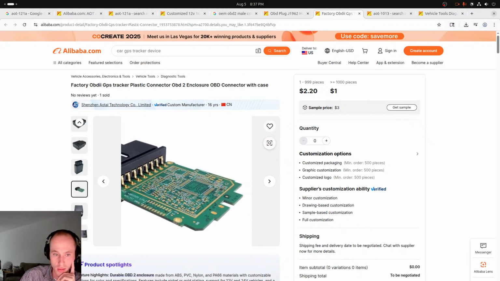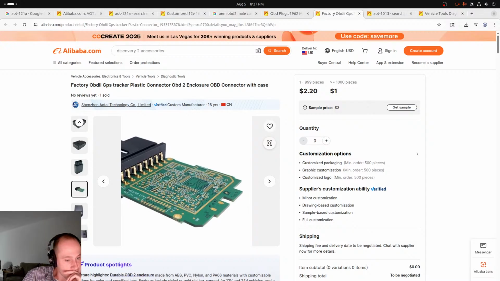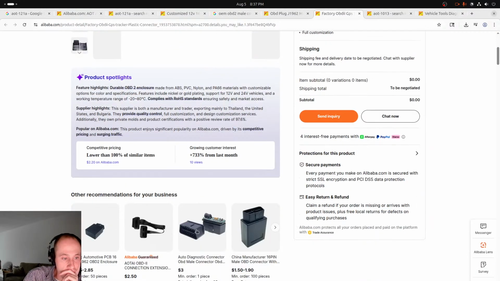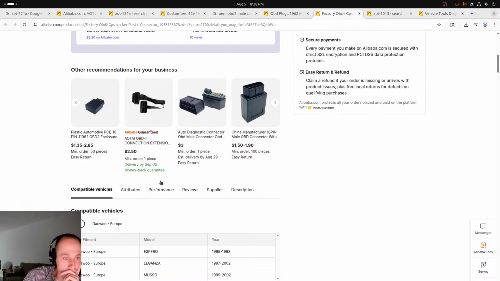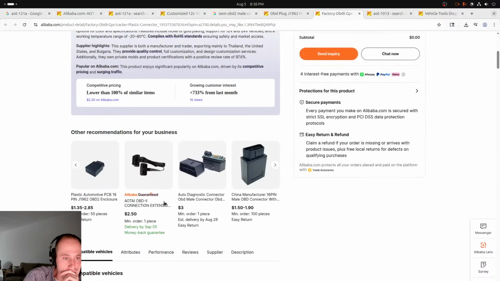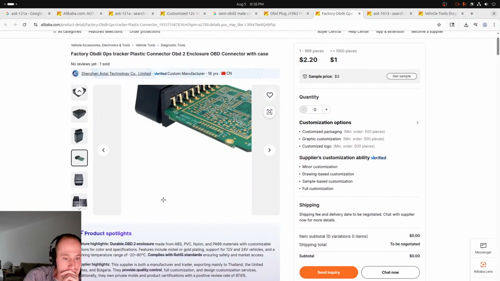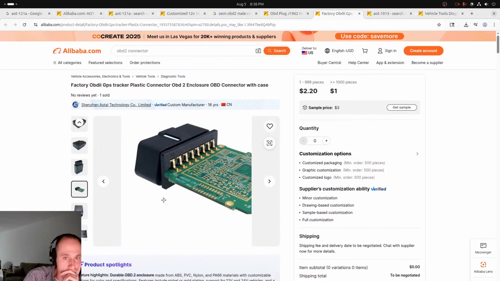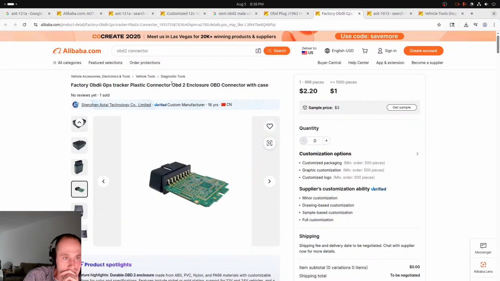And then you just design it that way. Yeah, AOT121A is what we need.